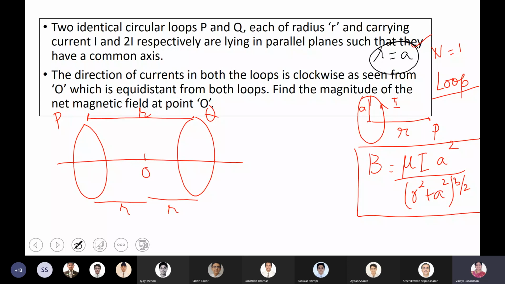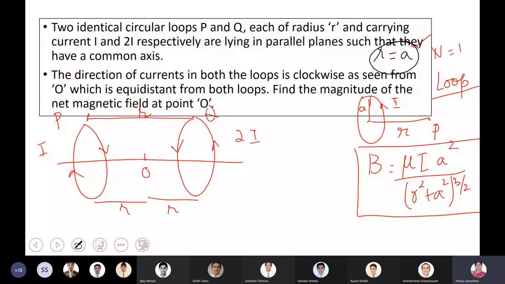So, when you stand at point O and watch the current flowing in P, it is flowing clockwise in coil P, and when you stand at point O and observe the current in loop Q, here also the current is flowing clockwise. So in the first case, the current is I. In the second case, the current is 2I.